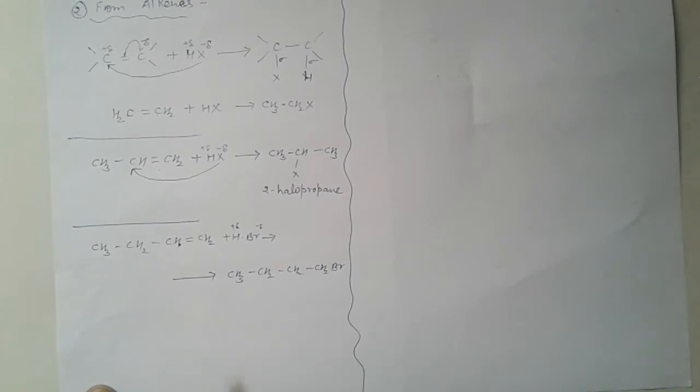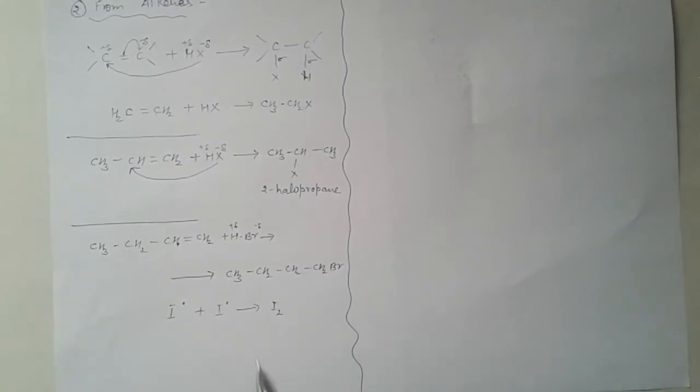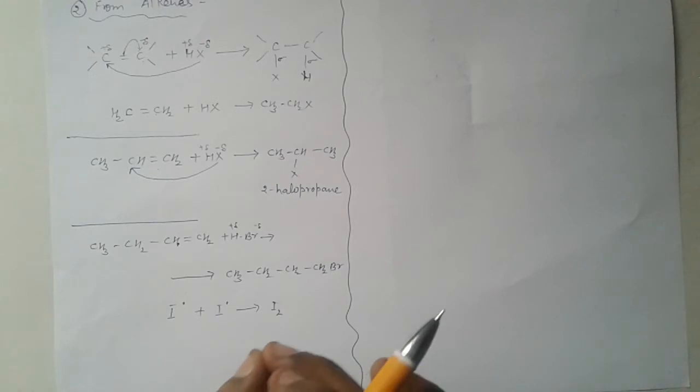The H-I bond is weaker, but free radical iodine atoms combine with each other to give an iodine molecule. So the anti-Markovnikov rule applies to the addition of HBr only.